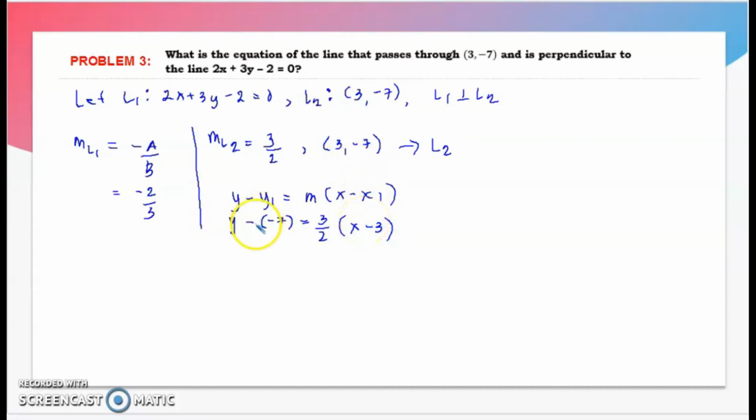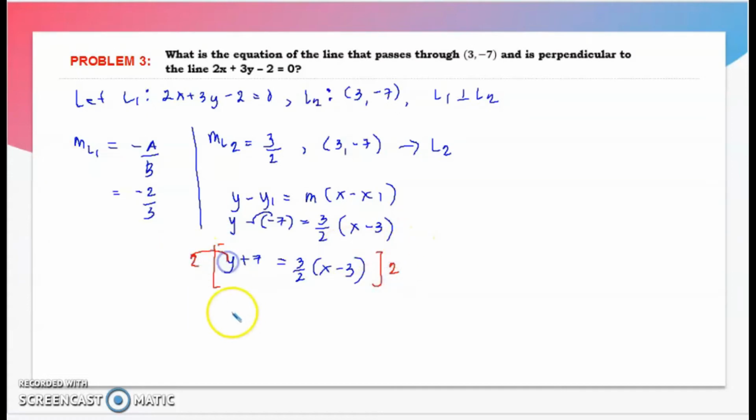And then simplify this. So negative times negative is positive. That one is positive 7 equals 3/2 times x minus 3. So to get rid of the fraction, multiply the whole equation by 2.